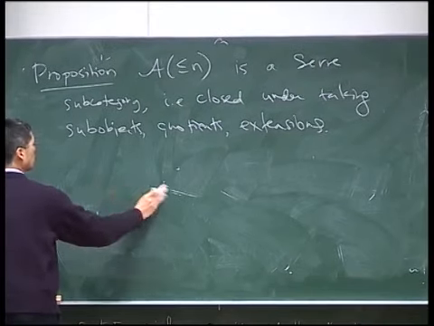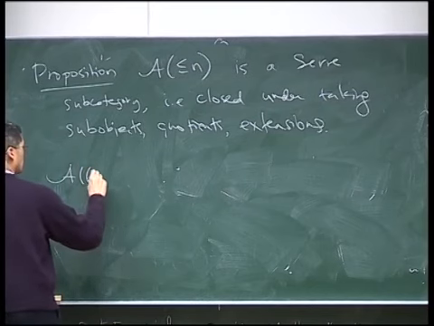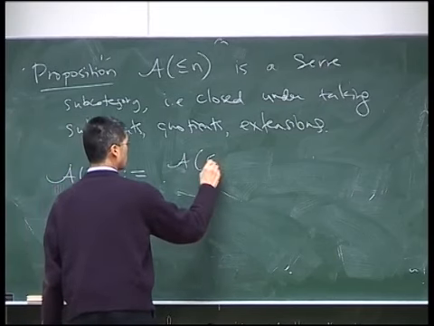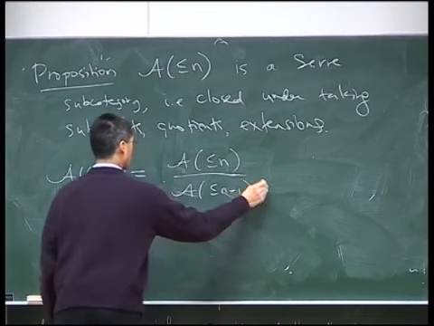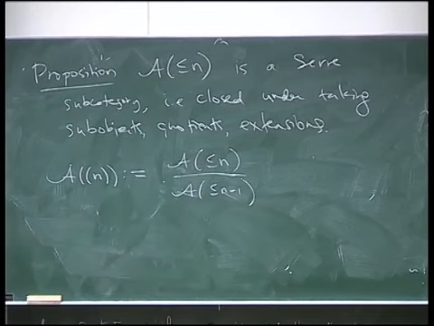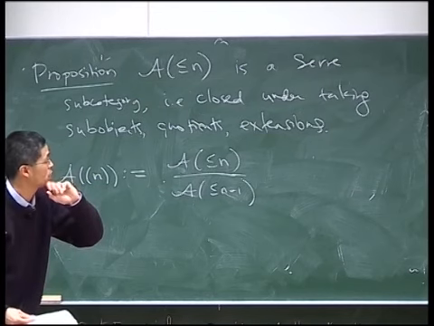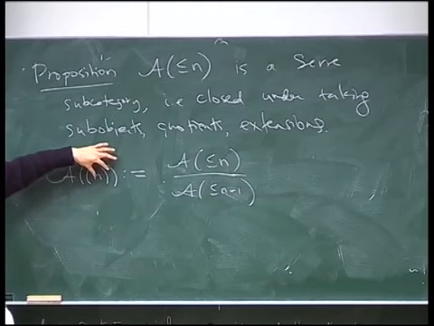So we consider these quotients. The first reduction step is that we can reduce theorem A to the case where we're just working with these quotients.